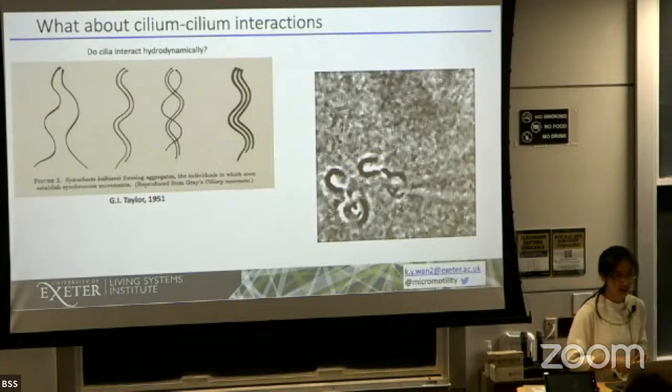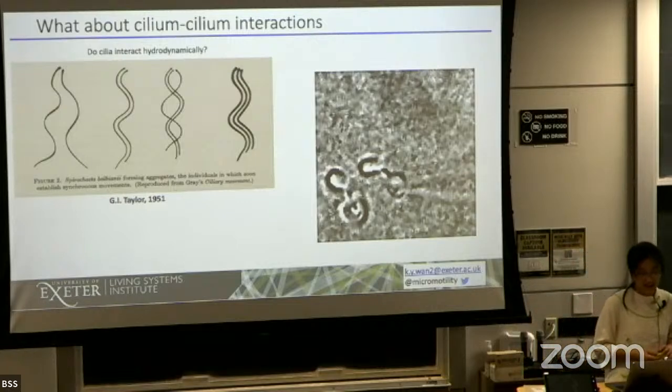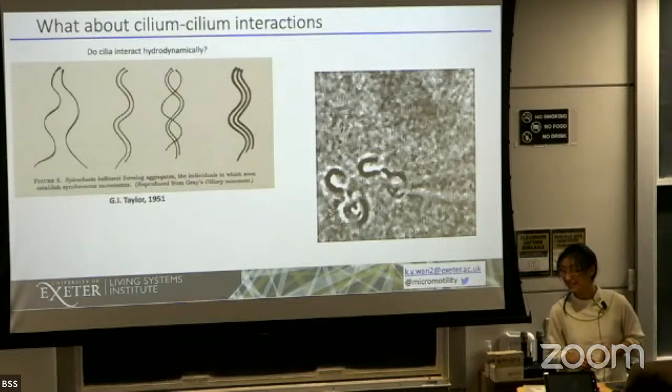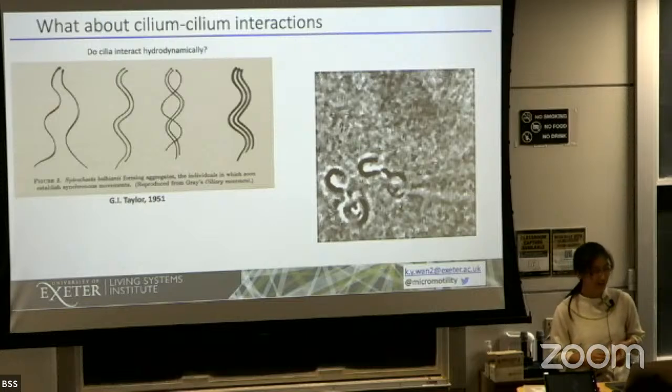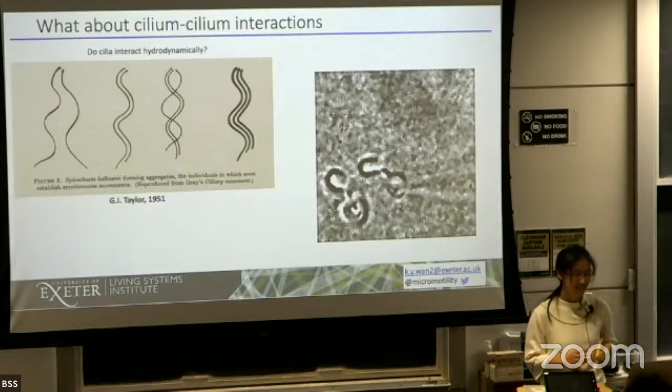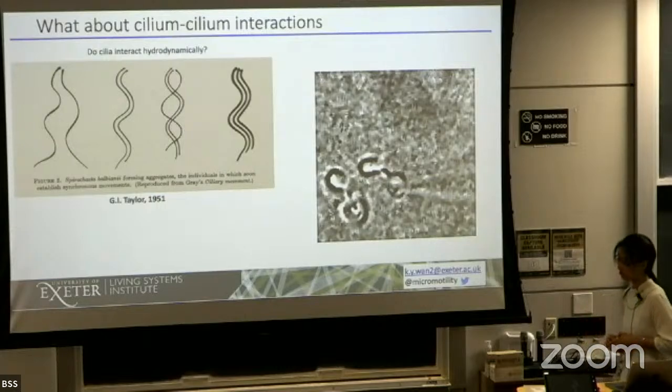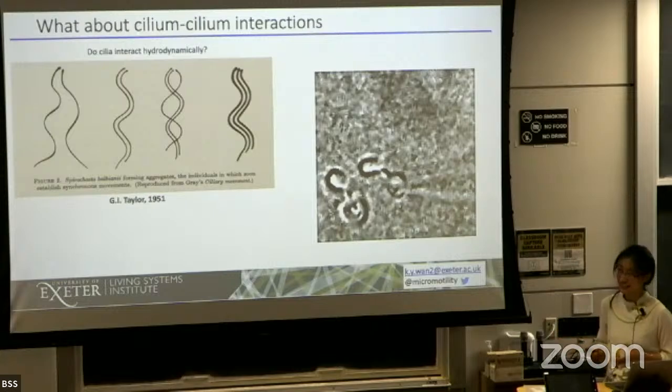This possibility was first raised by G.I. Taylor, again with some ideas about why this might be a good idea. Why is it that having nearby cilia synchronized or phase locked, in a way that resembles bundles of filaments, what's the actual functional advantage of these types of configurations?